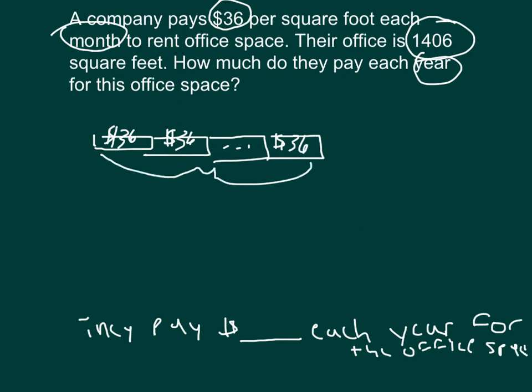So this is their amount of money that they pay per square foot of office space in a year, which would be $36. And then remember, there's 12 months in a year, or times 12, per square foot of office space per year.